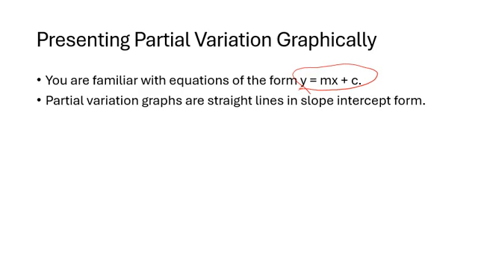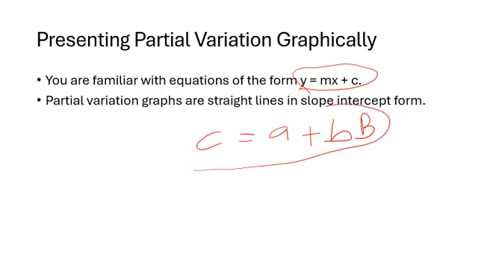You can have, let's say, C equal to constant plus a term in B. So this format is more or less like that one. Which means the equation of a partial variation is a straight line if you put it graphically.